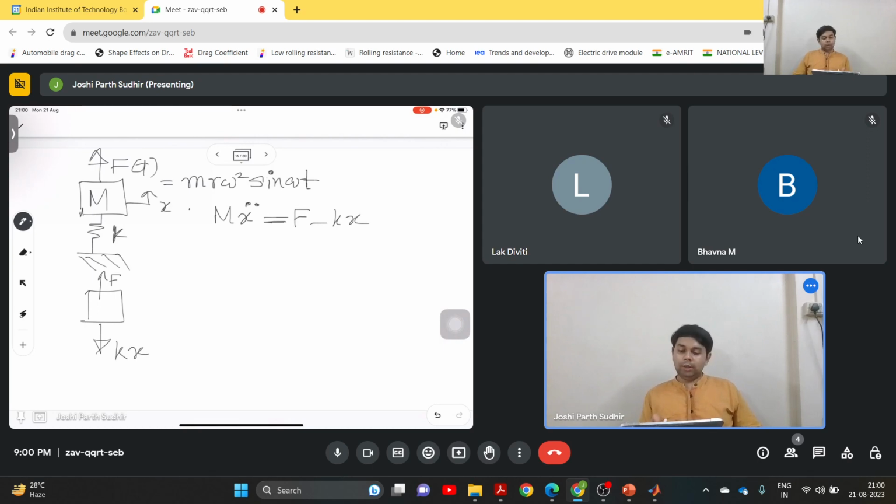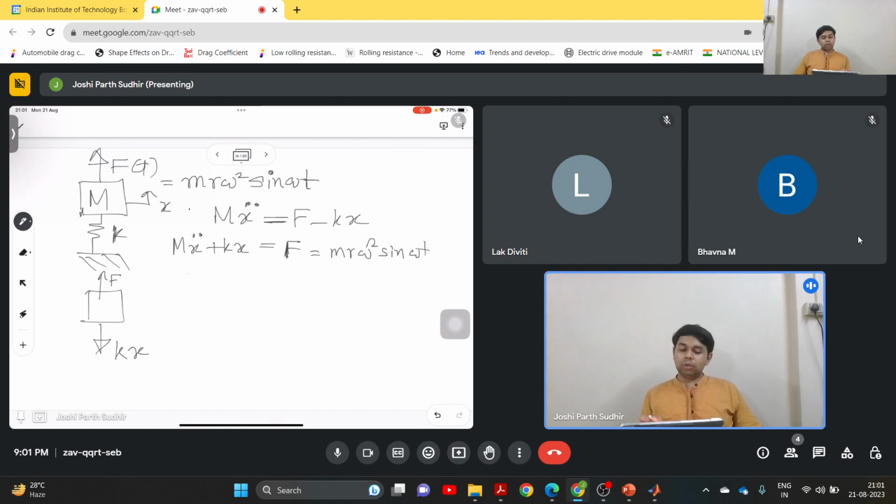We can write it as mx double dot plus kx is equal to F, which is mr omega square sin omega t.